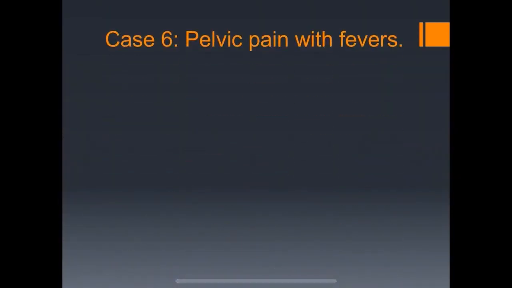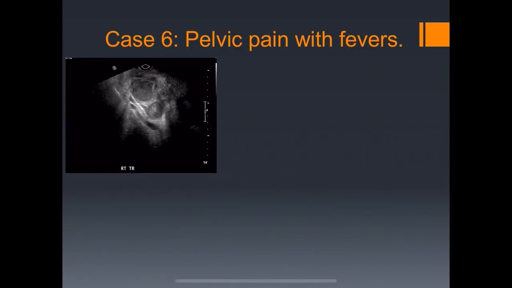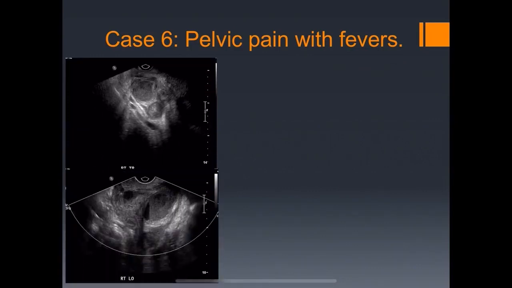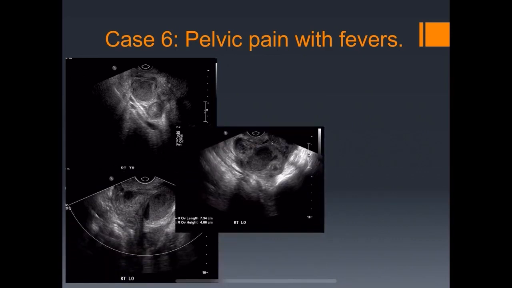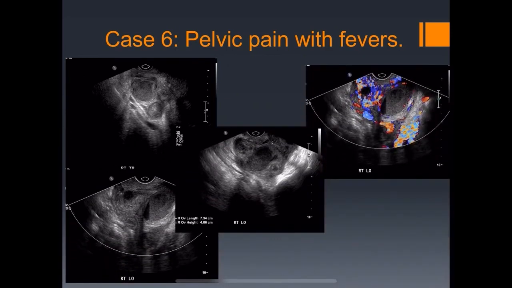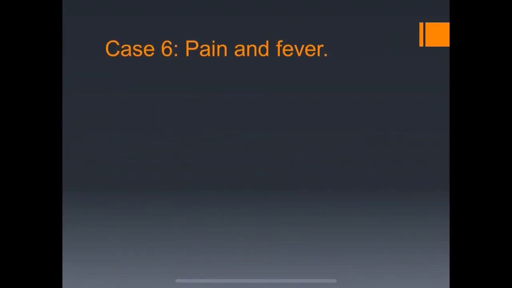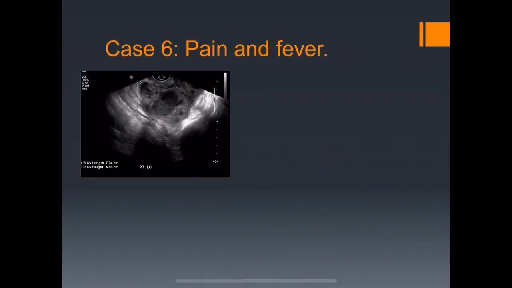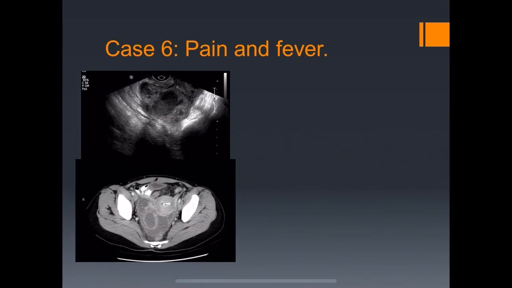Pelvic pain with fevers. So this is the right adnexa. Multiple fluid levels. It's a large mass. Hypervascular. And this is it on CT. You see an IUD in place. So here's that structure.